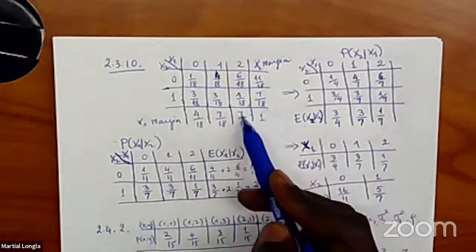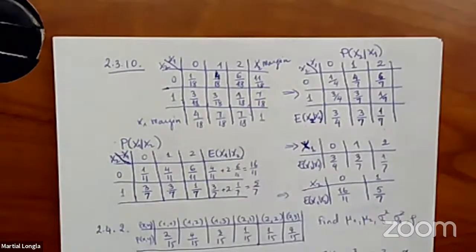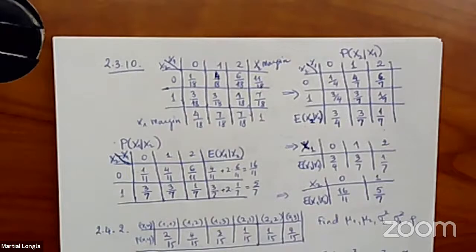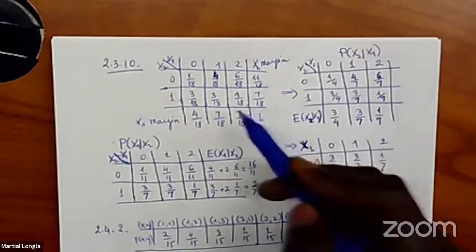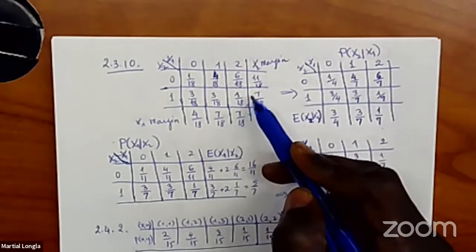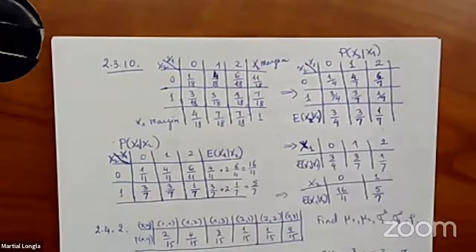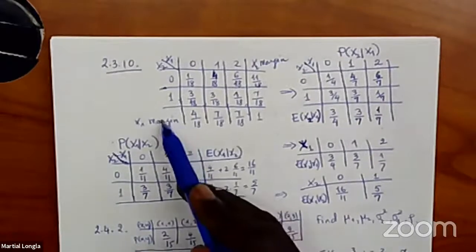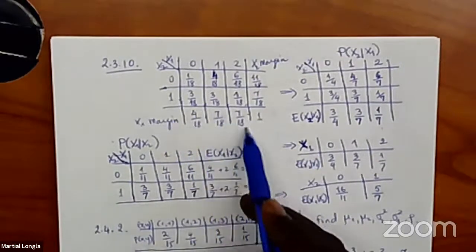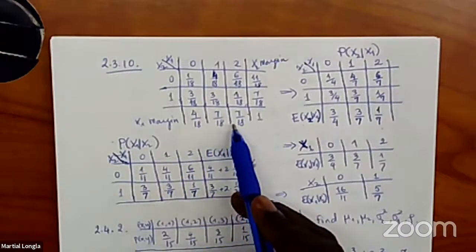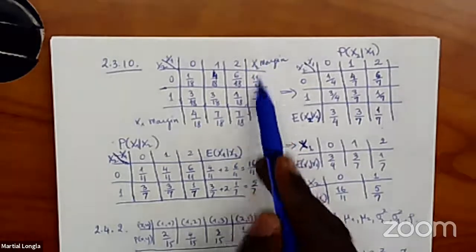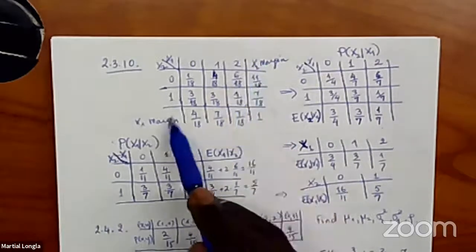6/18 divided by 7/18. 1/18 divided by 7/18. You're dividing everything by what is below. But now what is below, 7/18? What does this have to do with the distribution of x1?